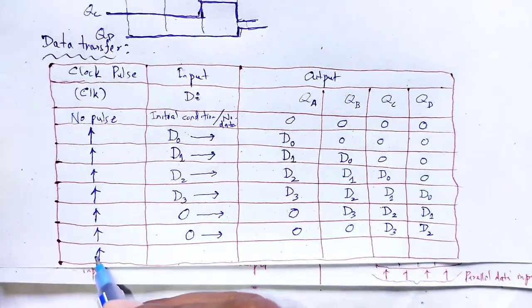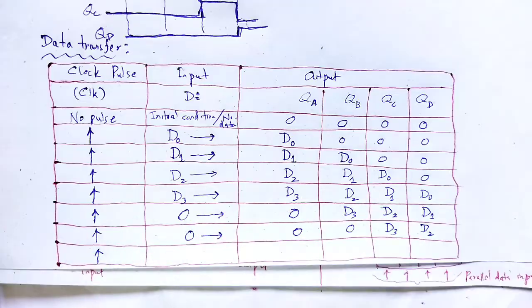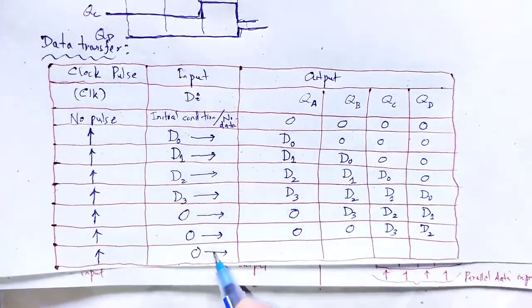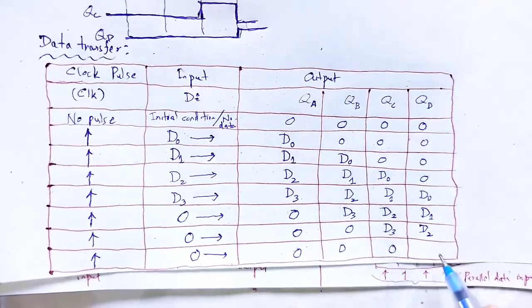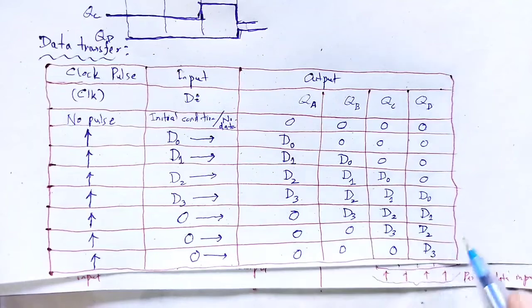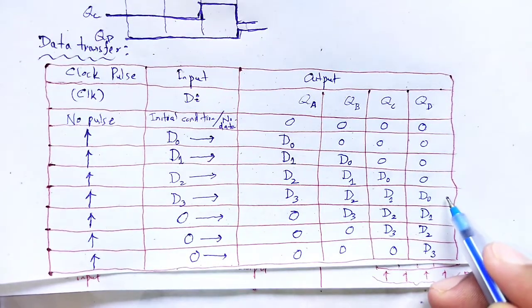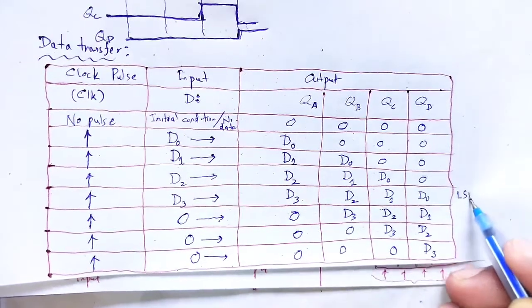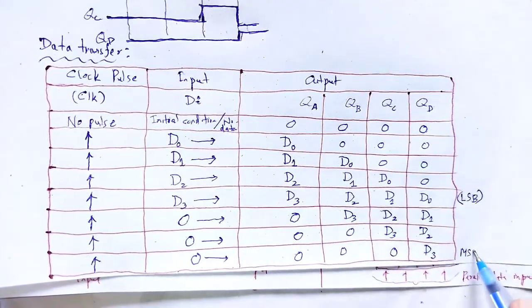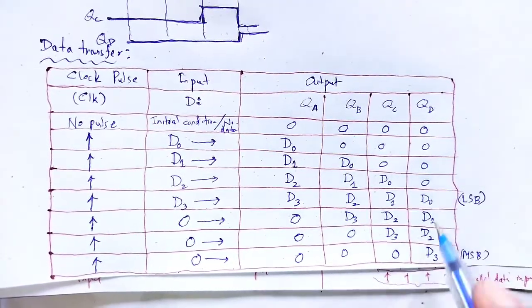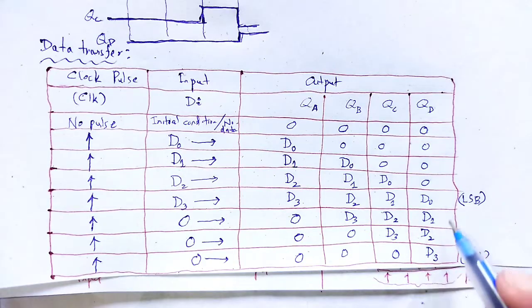Again let us introduce a pulse, input 0, shifting as 0, 0, 0, D3. Here D0 is the least significant bit, and D3 is the most significant bit. In that way at output we obtain the 4-bit binary number.